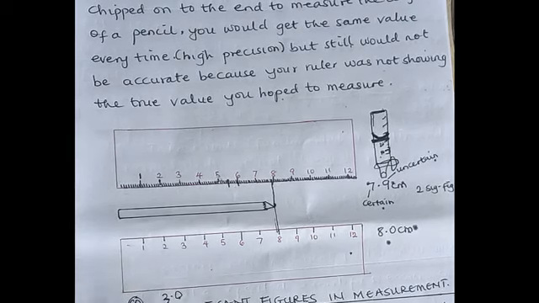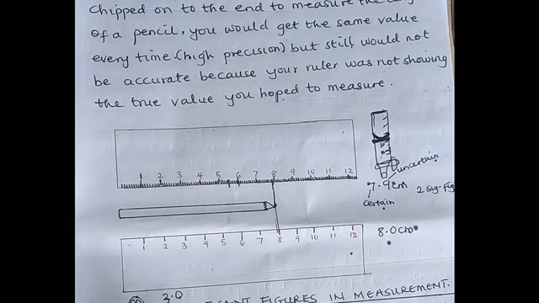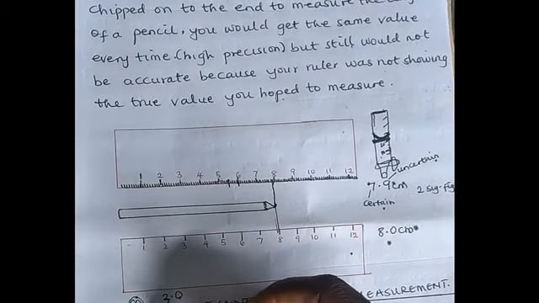The greater the number of significant figures, the lower the degree of uncertainty. It means that our certainty is sure, like 90%. So the greater the number of significant figures, the more precise our measurements are.